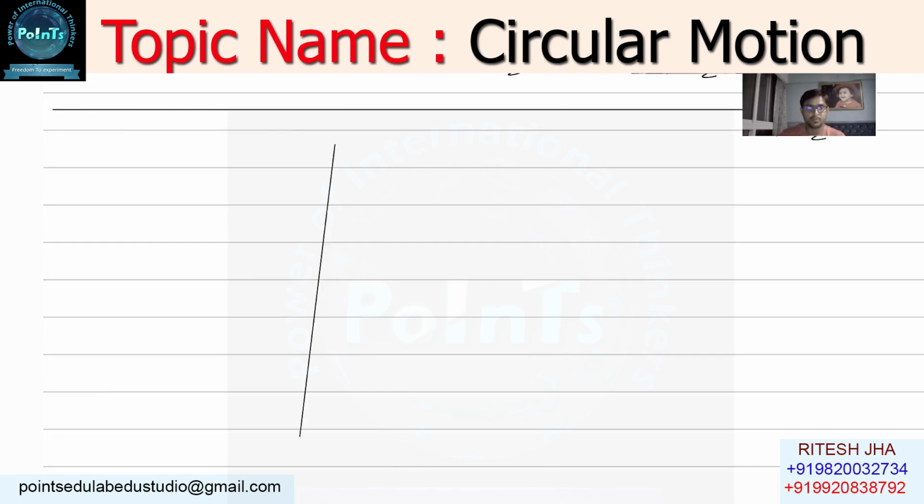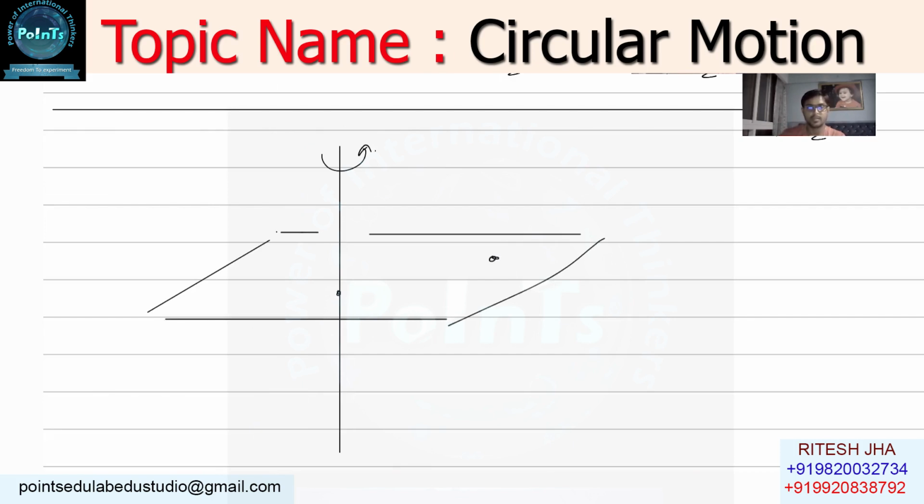Suppose this is the axis of rotation. About this particular axis, I'm considering masses. I'll take a plane, and I'm considering masses: this is m1, here we have m2, here we have m3, all at different distances r1, r2, r3.